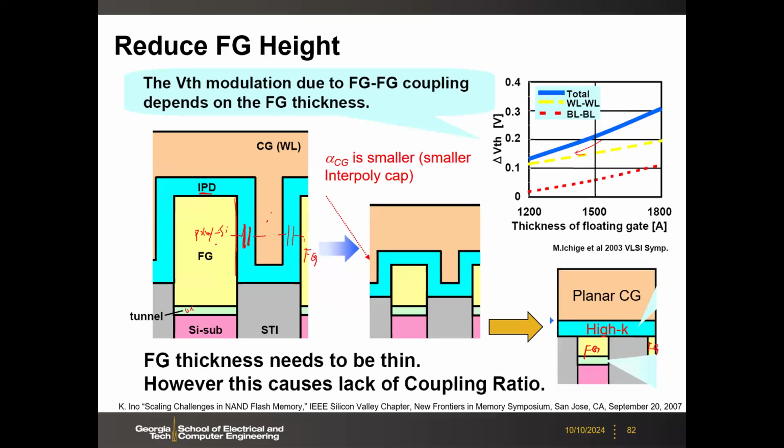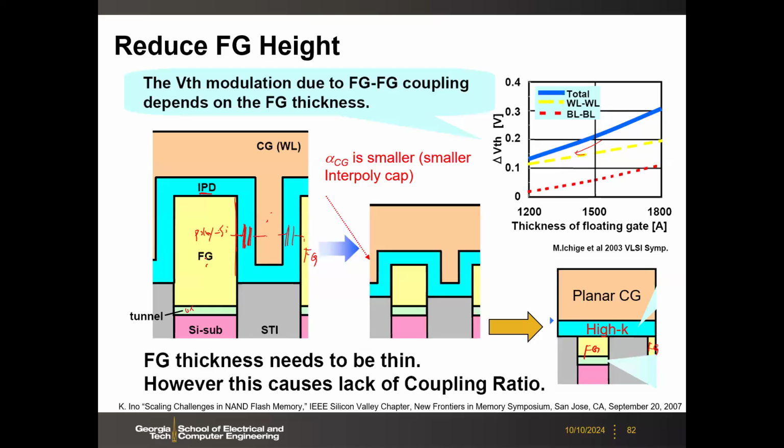So yes, you reduce this parasitic cap between cells, but at the same time, you also reduce the coupling from the control gate to your floating gate. That means your programming voltage will become higher and higher, right? Because of the coupling ratio we discussed before. You apply 20 volts, maybe only 10 volts actually drops on the floating gate.